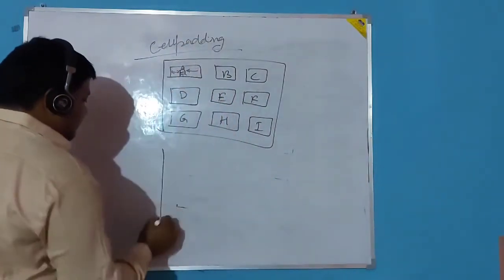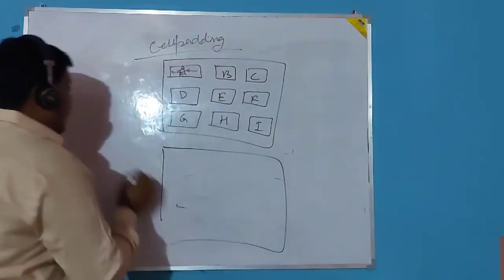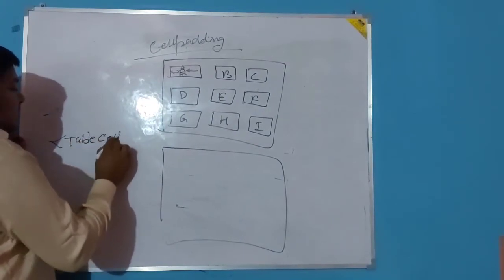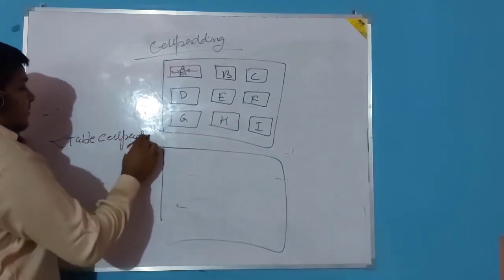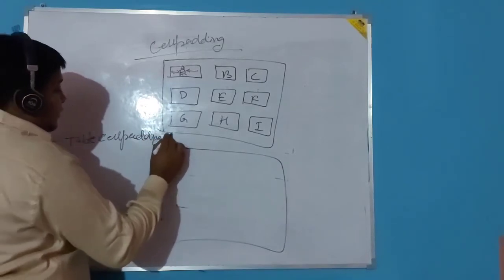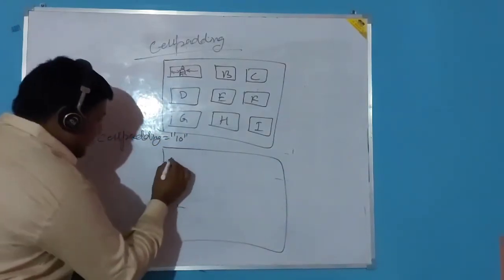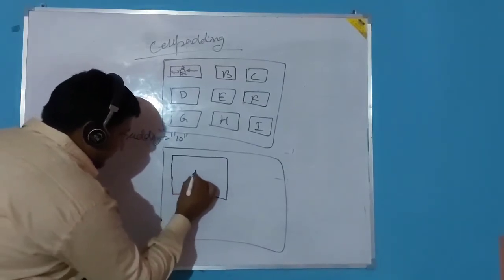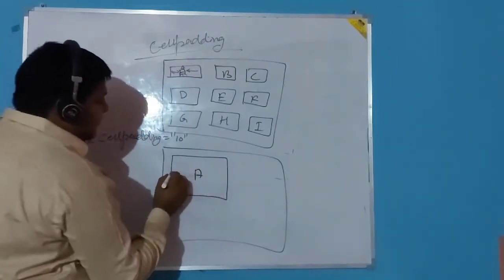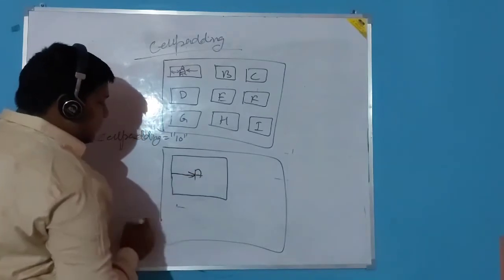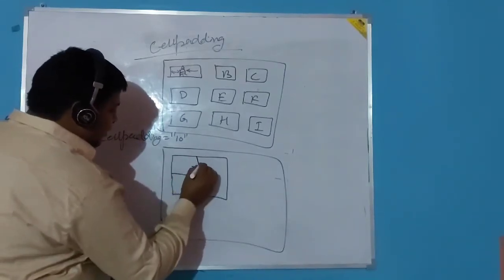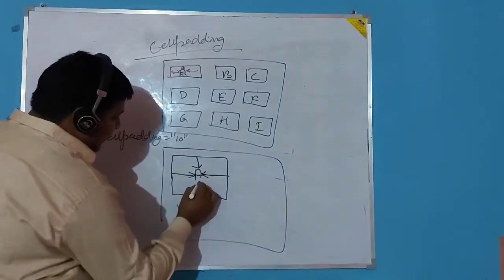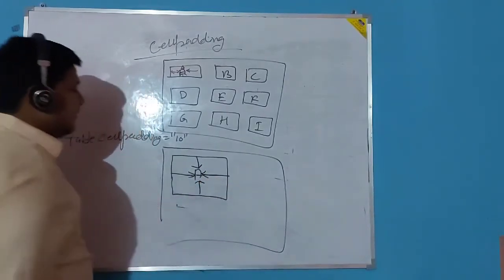Look here. If we have given table cell padding is equal to 10, it will display the text like that, A. Now the cell padding will work here: 10 space from the left side, 10 space from the top side, 10 space from the right side, and 10 space from the bottom side.